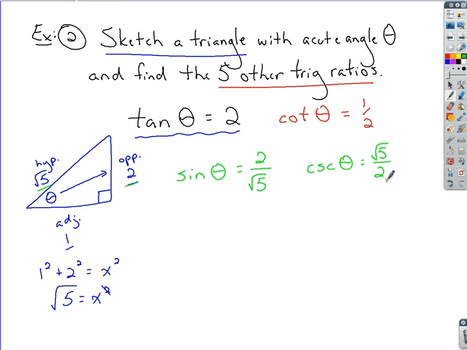And then the only one left would be cosine. Cosine is going to be the adjacent over the hypotenuse. So 1 over root 5. If you flip that one, you get secant. That's root 5 over 1, or just root 5.